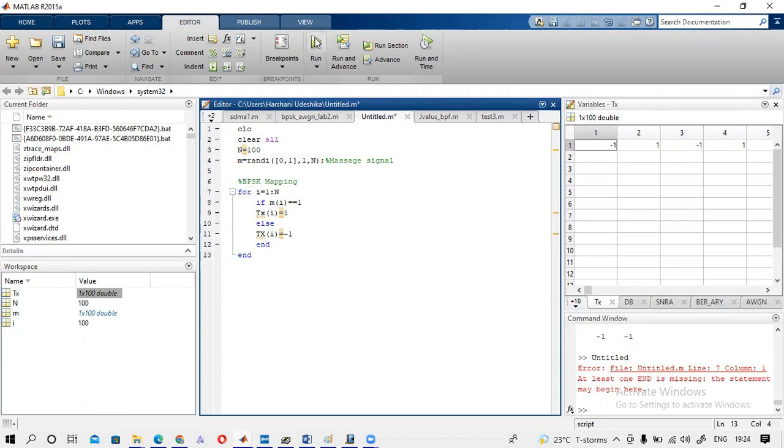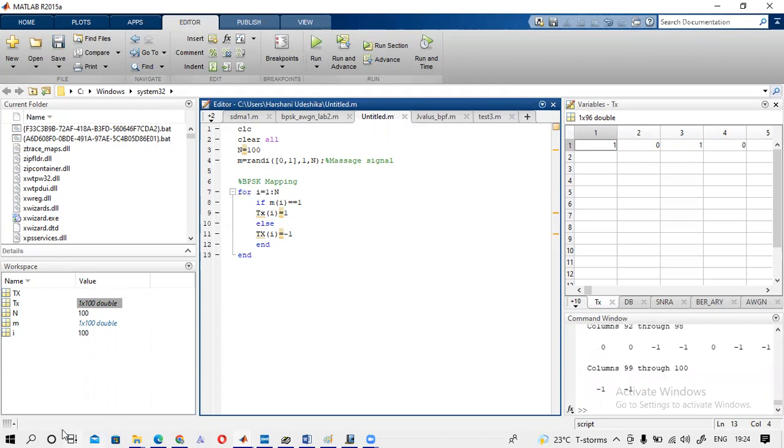If I run this, I have to put another index here, so here also simple tx. So what happened? Now it is okay. You can see that this is our message signal.